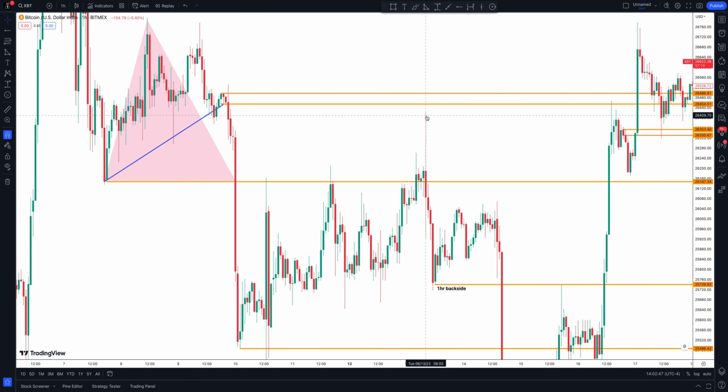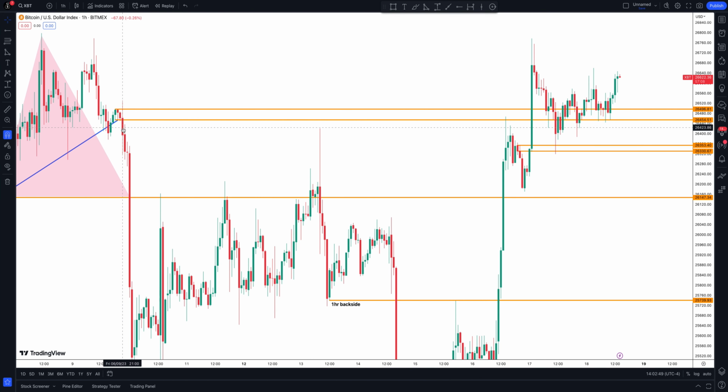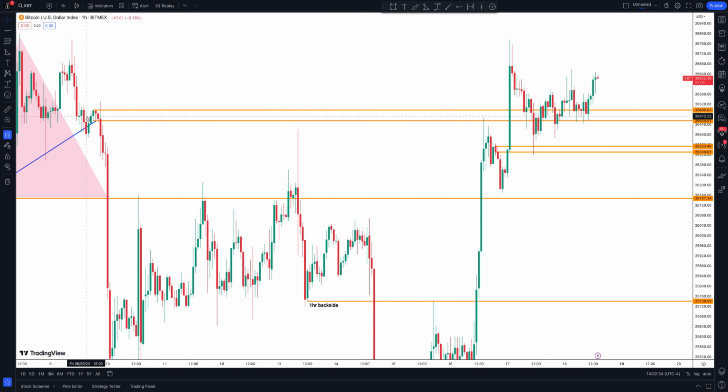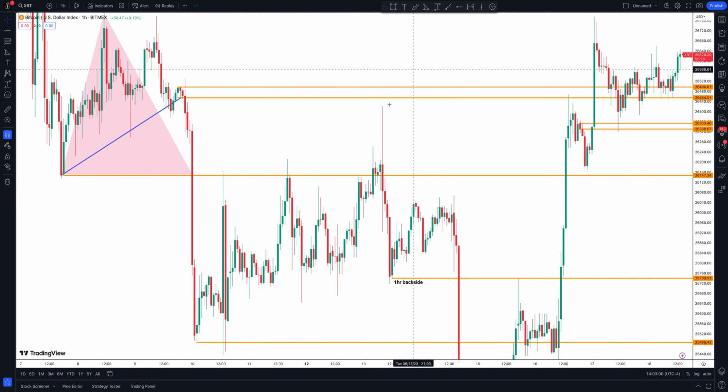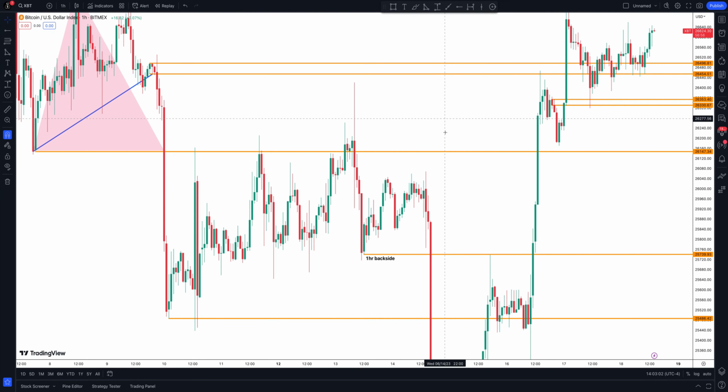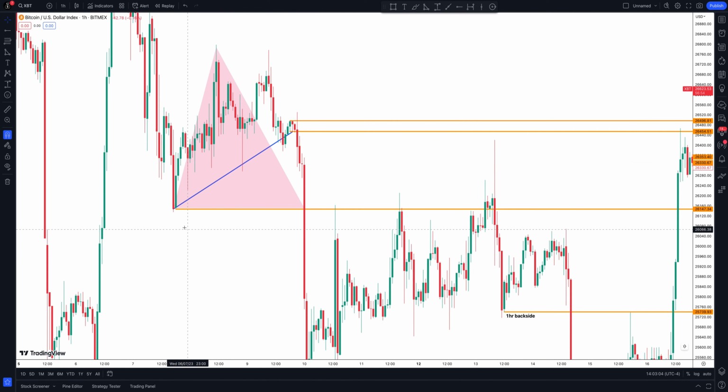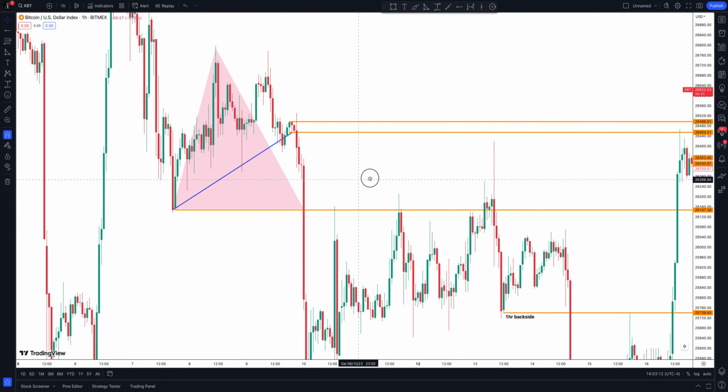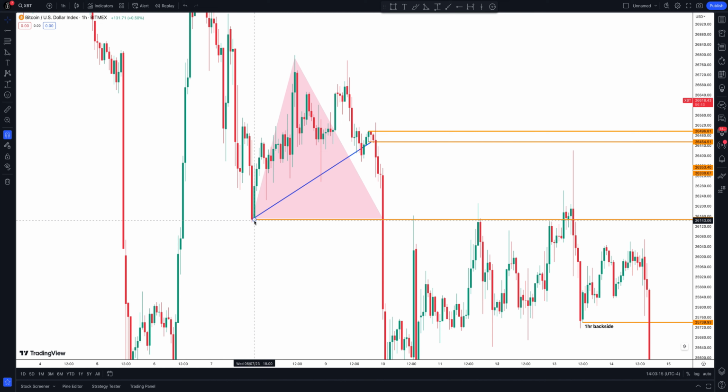This is actually a tested level, but it was created June 6th, and it took a little more than a week to test it. There's so much money to be made in the zone here. All you had to do was mark one backside level. There's a couple backside levels here, but the whole point is figuring out what makes the most sense. All right, so you have this backside here, okay?